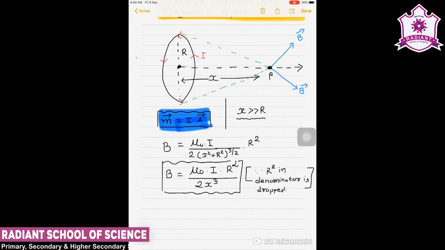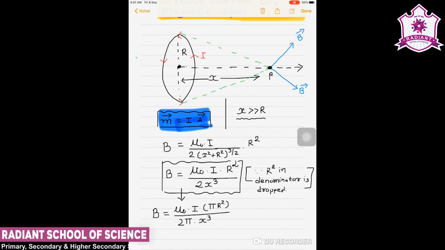If we multiply with pi in the numerator, we also have to divide by pi, and therefore the arrangement of the equation can be written as B equals mu 0 into I into pi r square, and the denominator will be 2 pi into x cube.